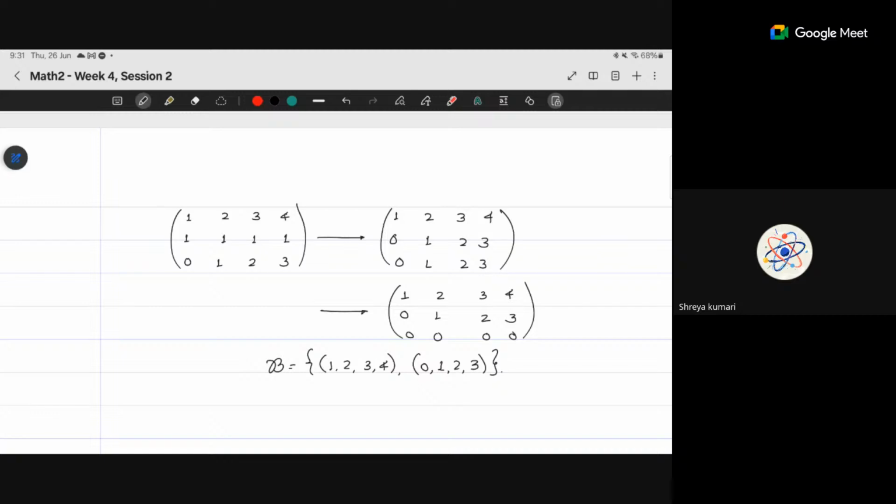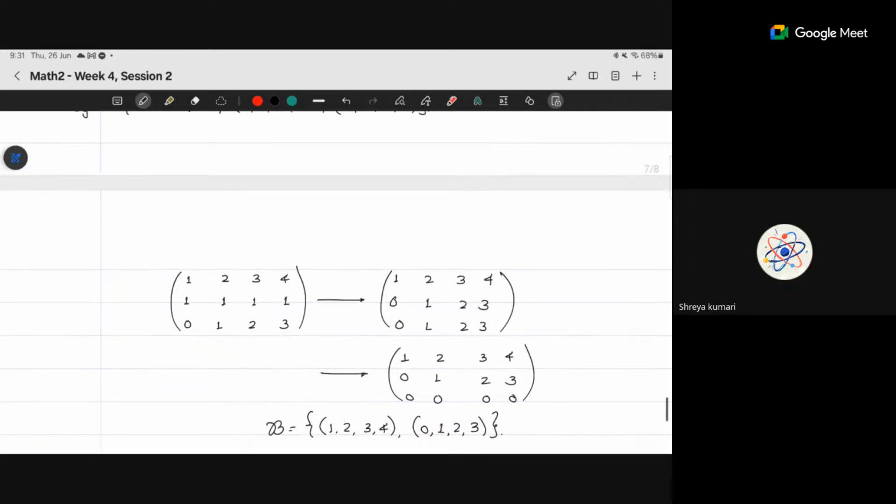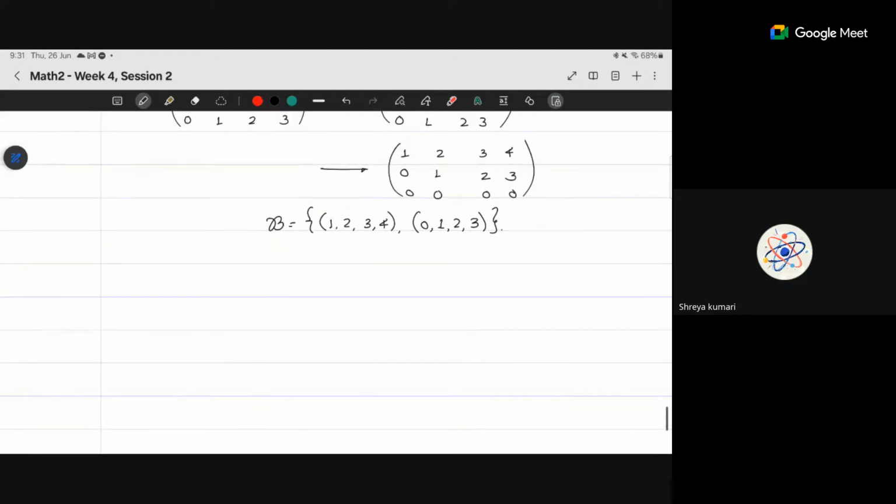When it is not clear which is the linear combination of which ones, which ones are redundant, which ones can be removed and which cannot, this will always give you a short way to get the dimension and arrive at a basis. Is that fine? Yes. Okay. So this is called the row method.